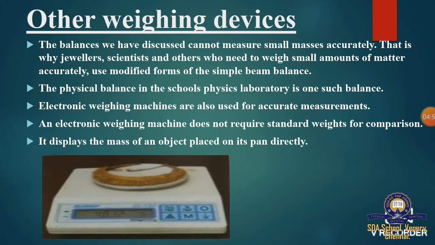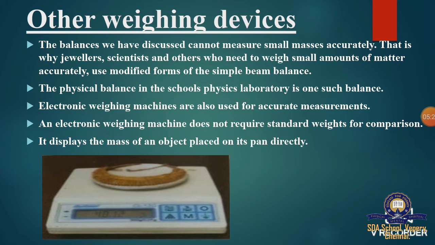The balances we have discussed cannot measure small masses accurately. That is why jewelers, scientists and others who need to weigh small amounts of matter accurately use modified forms of the simple beam balance. The physical balance in the school physics laboratory is one such balance. Electronic weighing machines are also used for accurate measurements. They do not require standard weights for comparison, and they display the mass of an object placed on the pan directly.